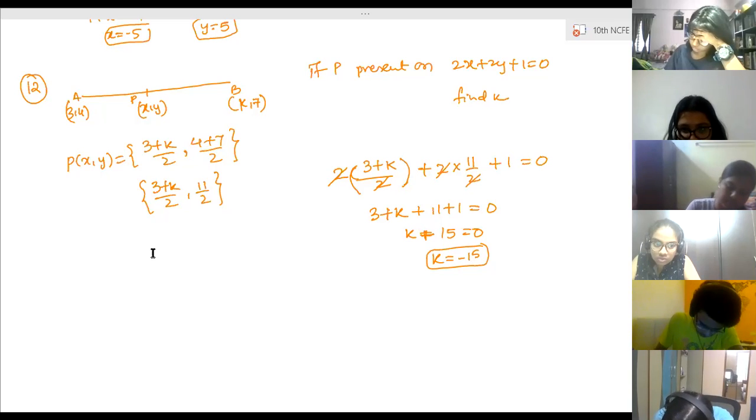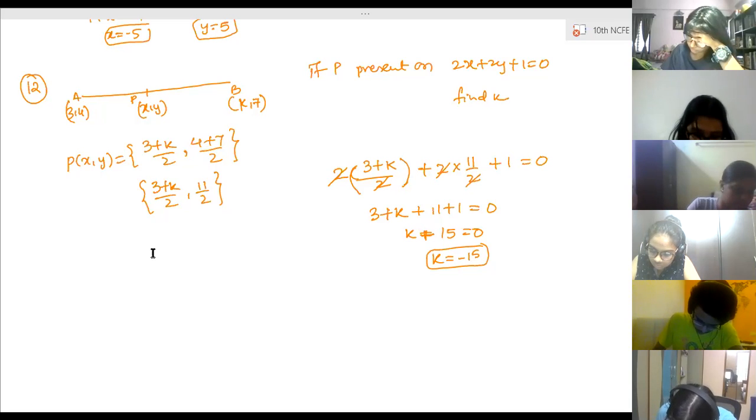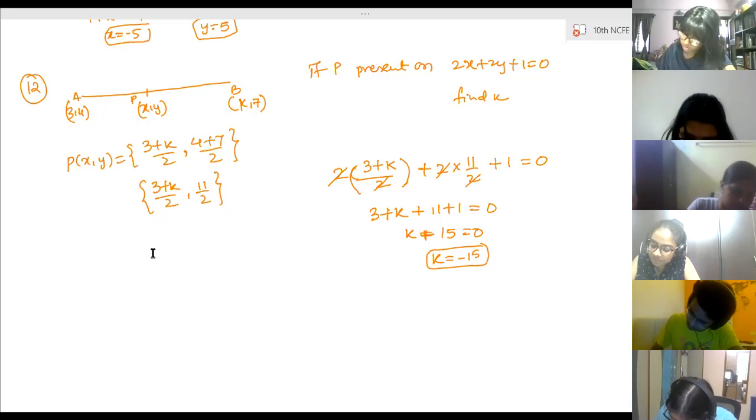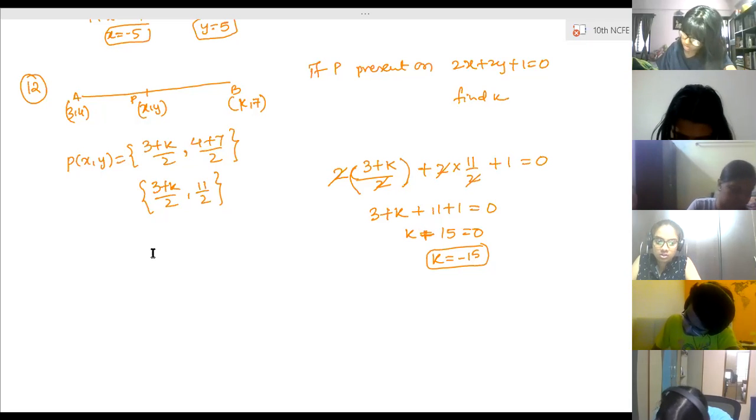Ma'am, 22nd. Do fast. AB is the diameter and the center is given. The center's coordinates and B are given. A you have to calculate.